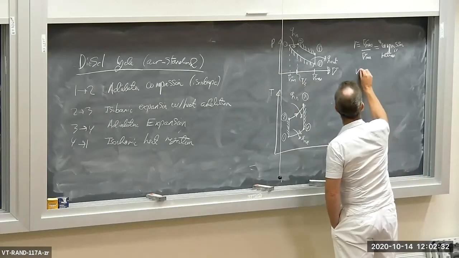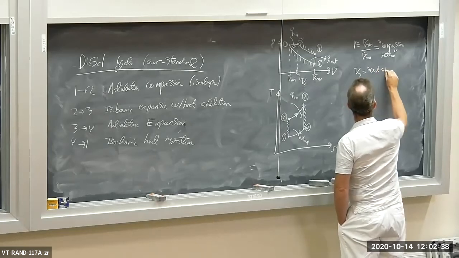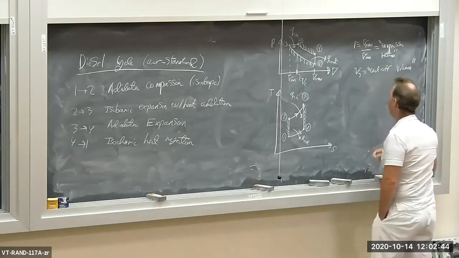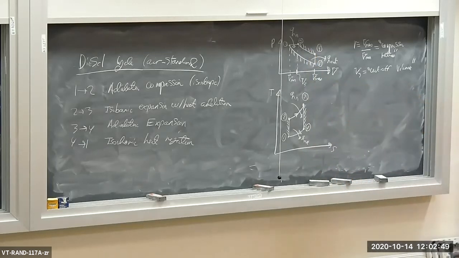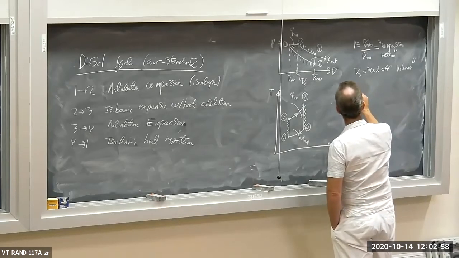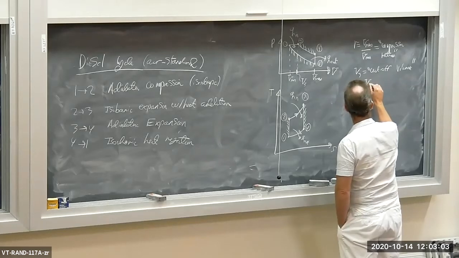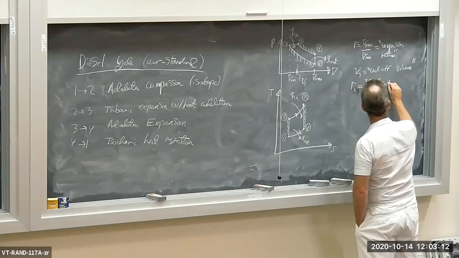And for the diesel cycle, V3 is the cutoff volume. That's the volume at which the heat ceases to be added during the isobaric heat addition process. So V3 is called the cutoff volume. And we have another ratio, R_C, which is the cutoff ratio, and it's defined as the ratio V3 over Vmin, or if you like, V2.